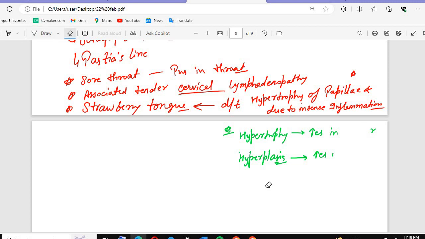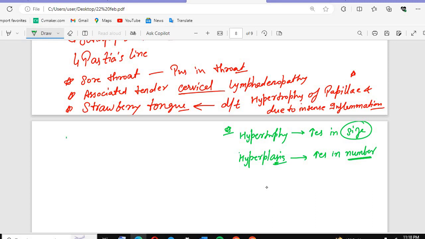Hypertrophy has no S in the plasia, so we get increase in size. Hyperplasia has the S in plasia, so there is increase in number. I hope this is clear.